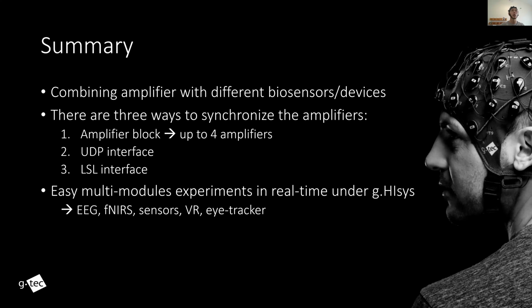You can combine up to 4 amplifiers at the same time, automatically timestamping the amplifiers for real-time synchronization. Besides that, you can use the UDP interface for connecting with different devices. So it's really easy to do multi-module experiments in real time for rapid prototyping. It's really up to you how you use the tools for your project.